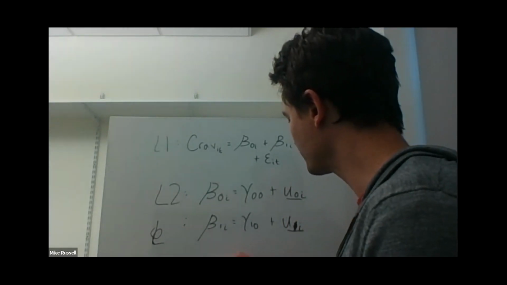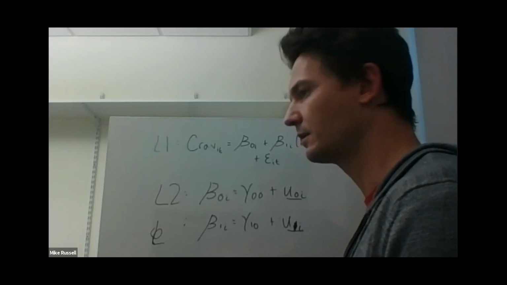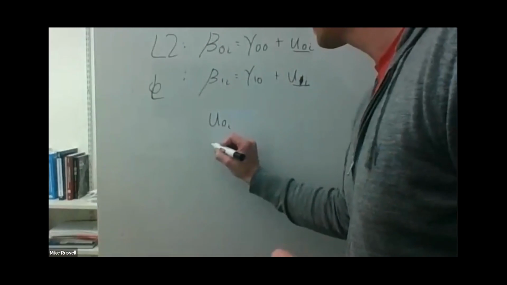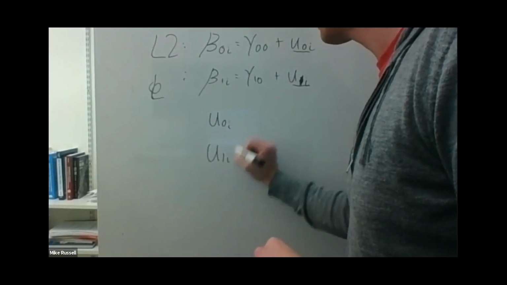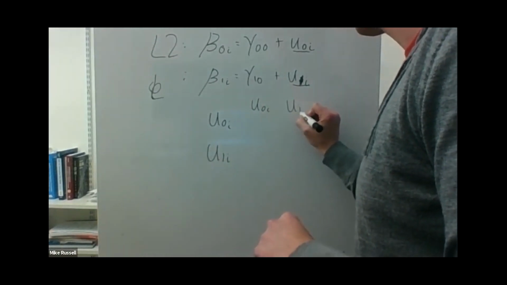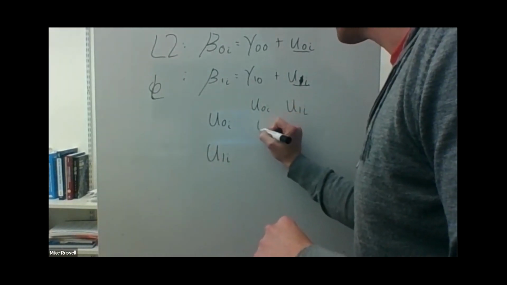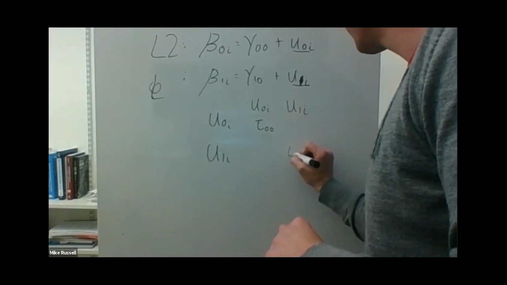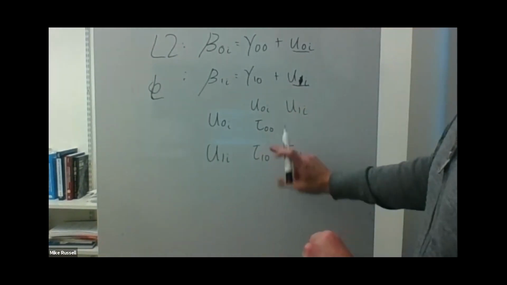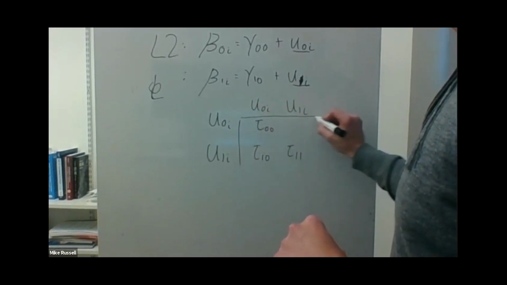And we set up a matrix where we looked at the variance of the random intercept, the variance of the random slope, and then the covariance between these two.